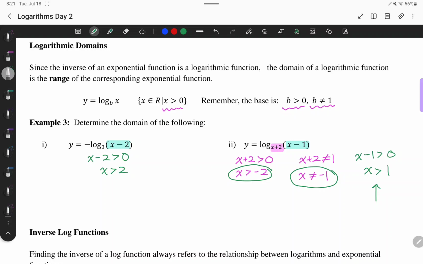So this one restriction covers all restrictions. This may not always be the case. Sometimes you may have multiple restrictions. But if you do have one that includes the other, then you would just use that for your final restriction. x is greater than 1.